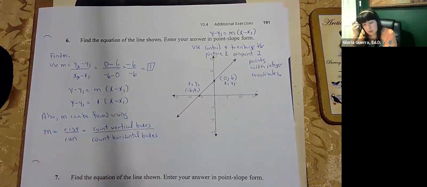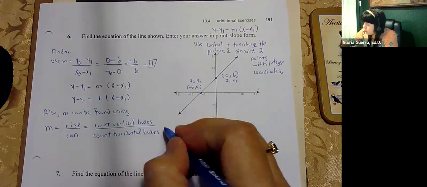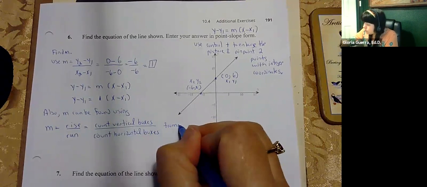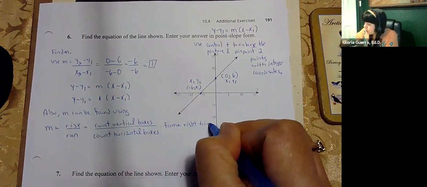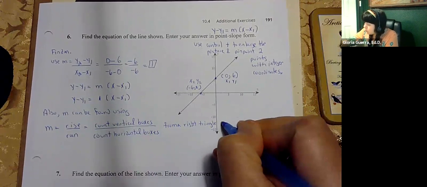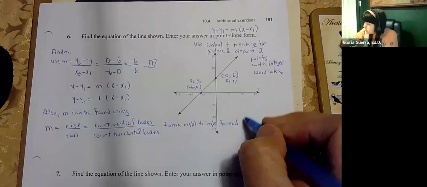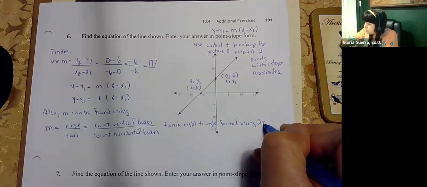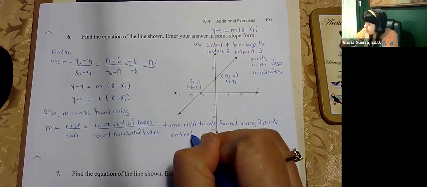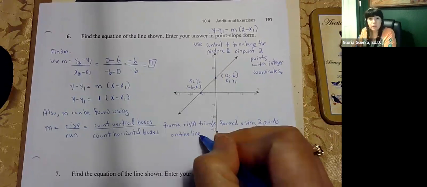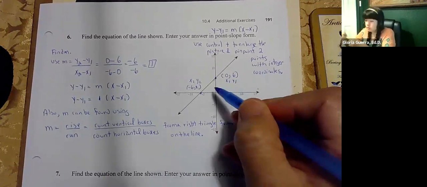And this would be from a right triangle formed using 2 points on the line. I know you remember us talking about that. The cool thing is we have these 2 points on the line, and you can see you have a right triangle right here.